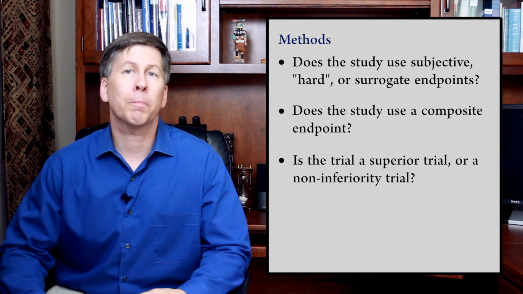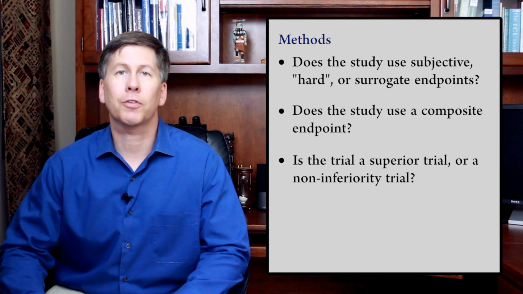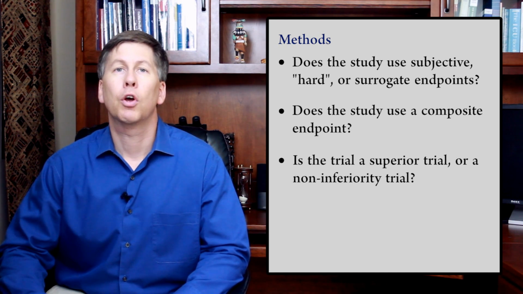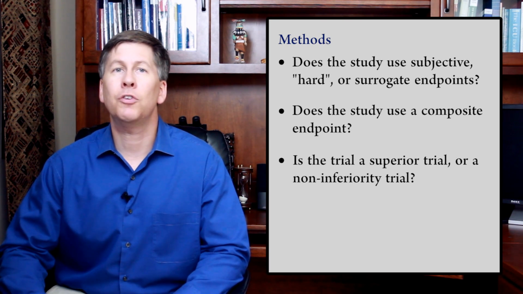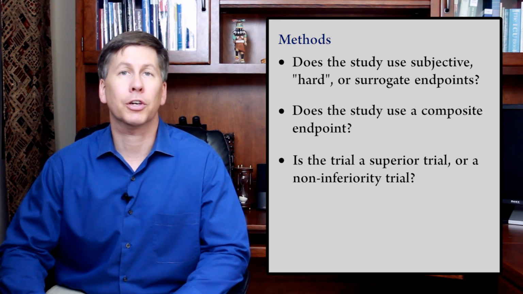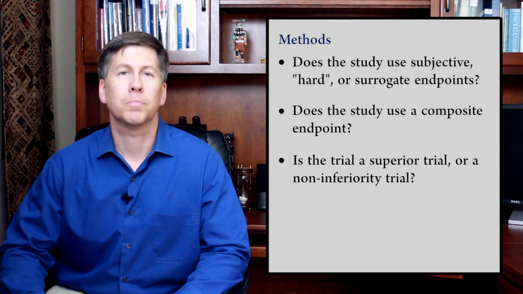In my opinion, the most important reason to make note of this distinction is because some types of study design flaws, including underpowering, will increase the chance of concluding non-inferiority, even if the new intervention is indeed inferior. This is because underpowering obscures differences between groups when a true difference exists.